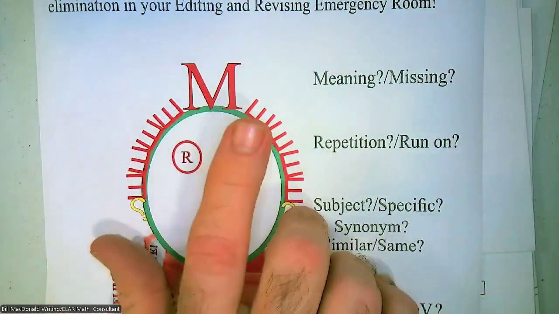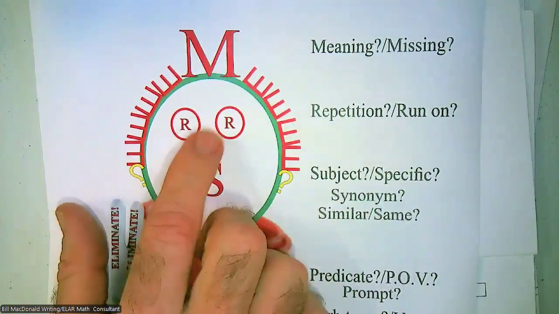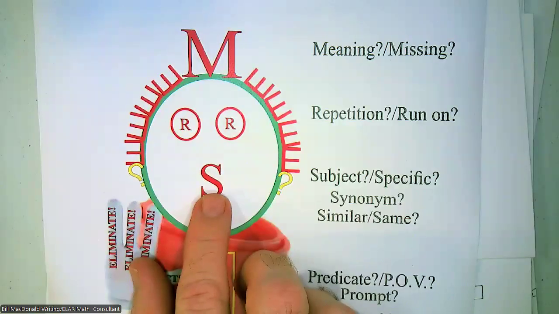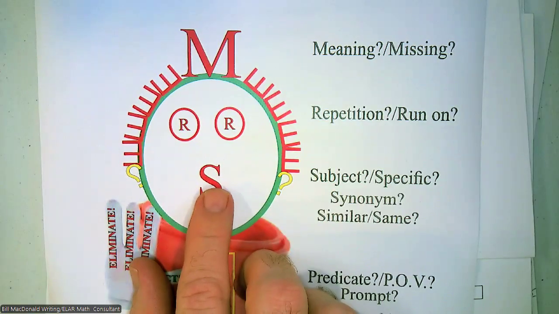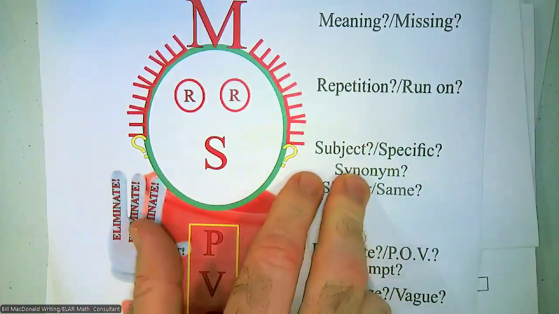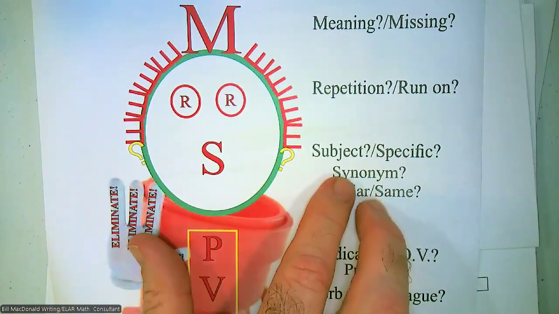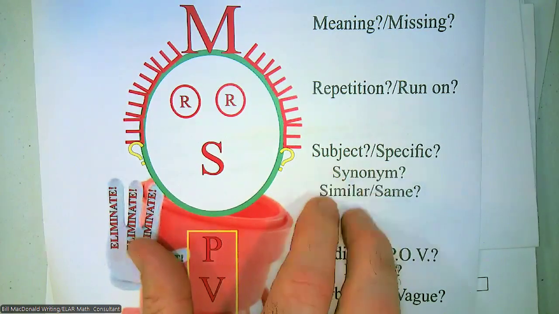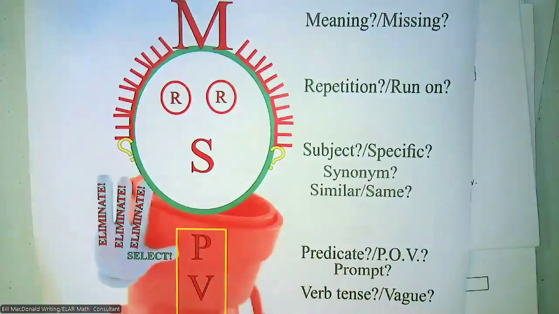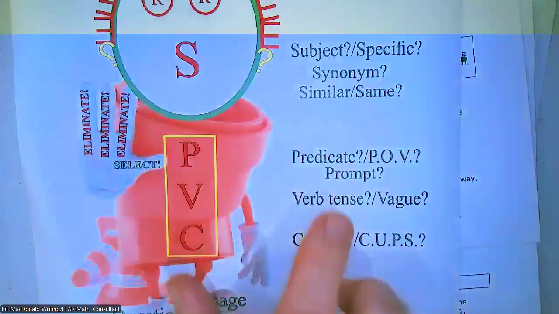If the meaning has changed or something's missing, if we find repetition or run-on in some cases, if the subject changes or if it's not specific anymore and it was before. If you're going to use a different word or phrase, is it a synonym, something similar, or something that means the same? If so, that's acceptable. If not, then you would not be able to do that.